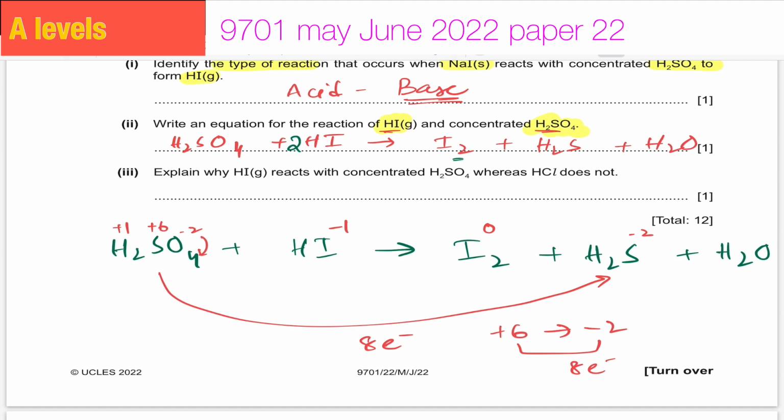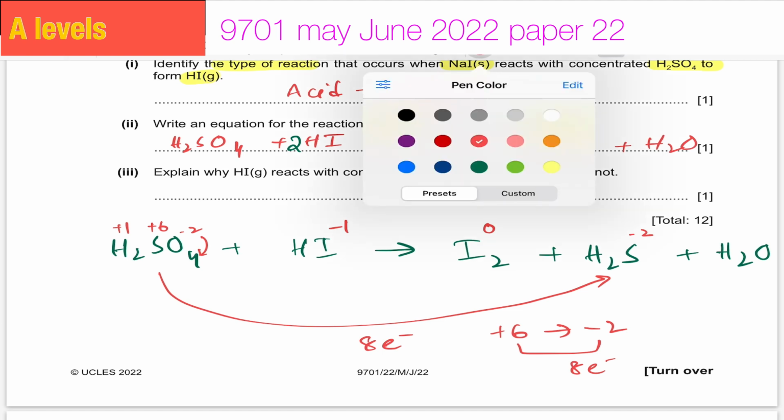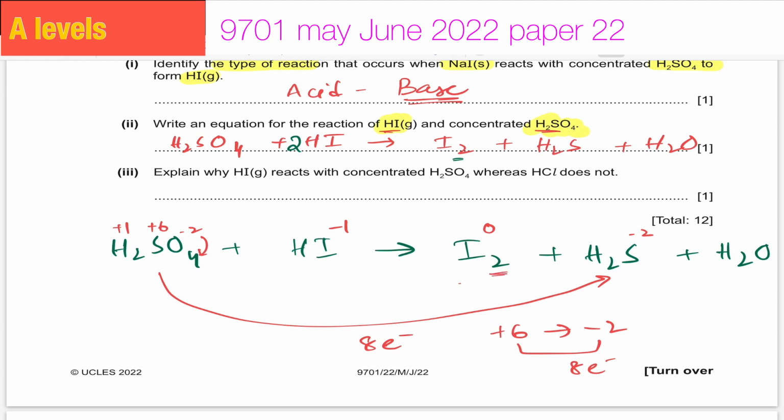Now to balance this equation, first we have to balance elements other than hydrogen and oxygen. We have 2 iodines on the product side but only 1 on the reactant side, so place 2 with HI. Then balance the charge. Two iodines are converting into iodine, so the total loss of electrons is 2.